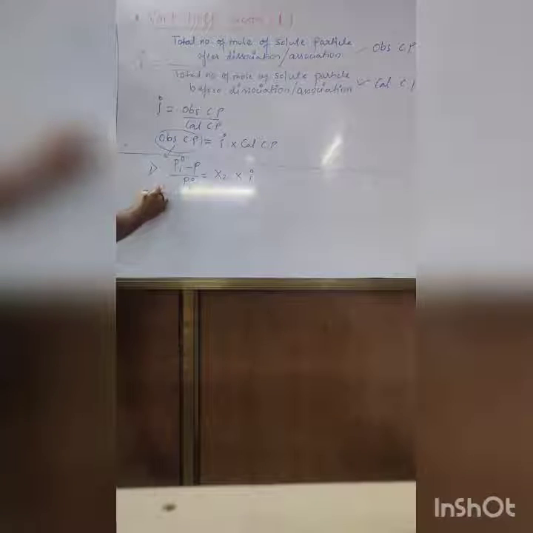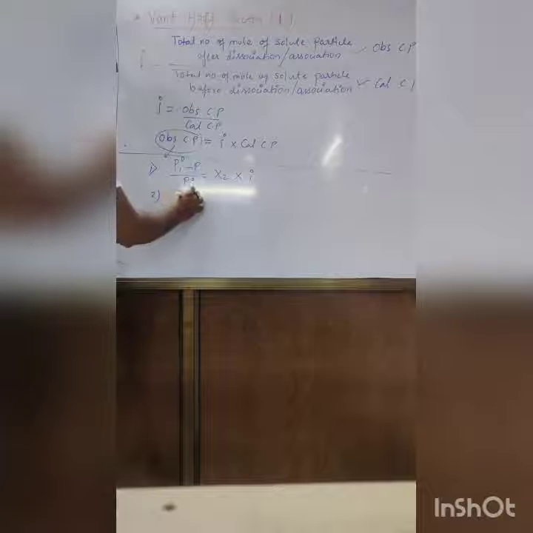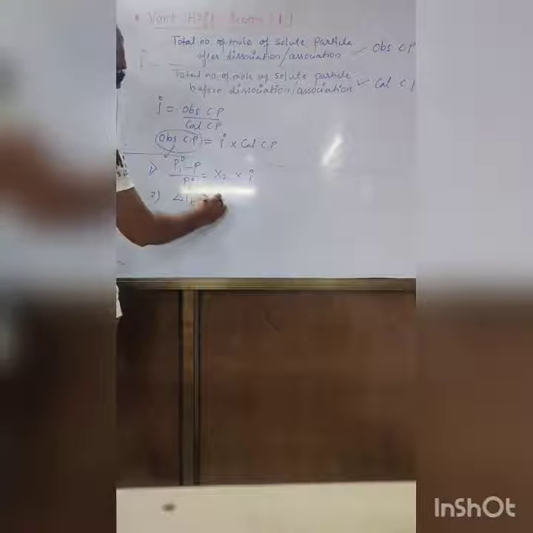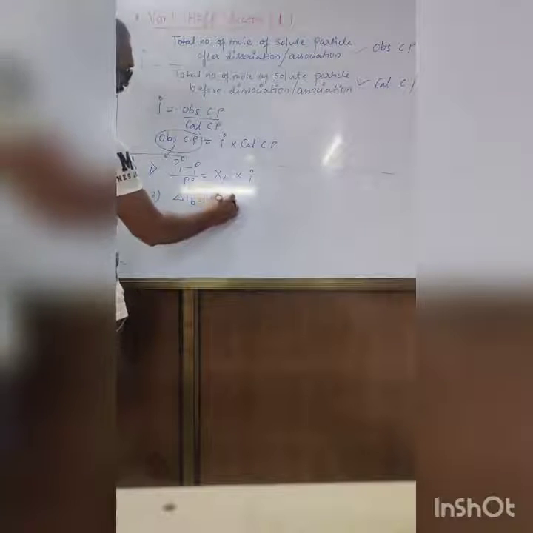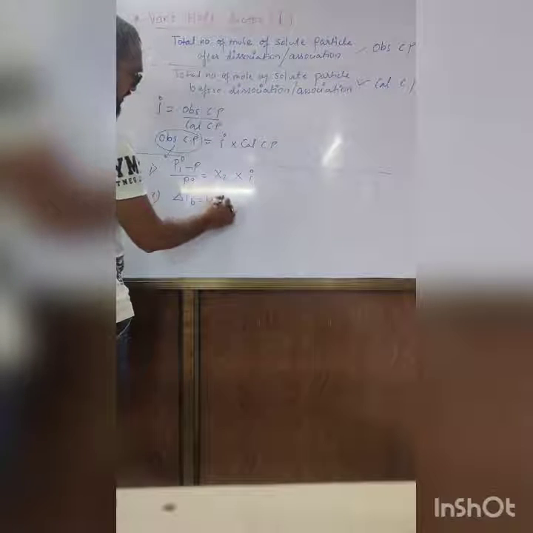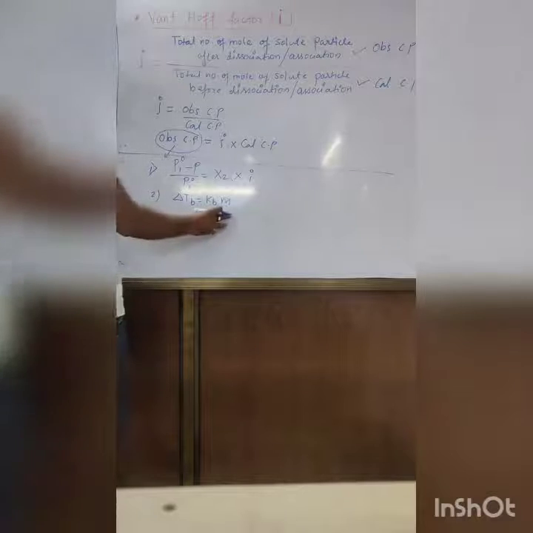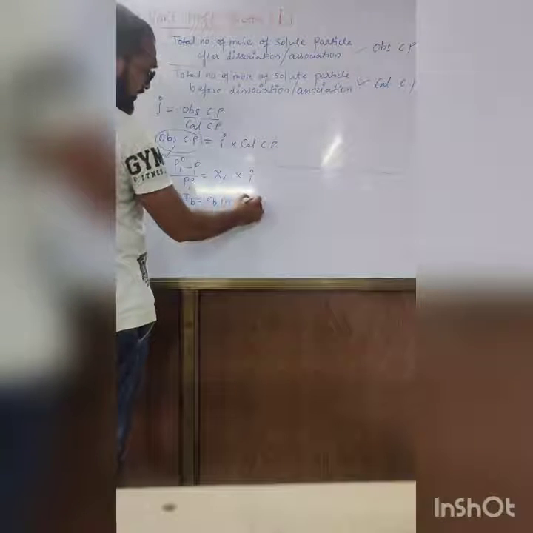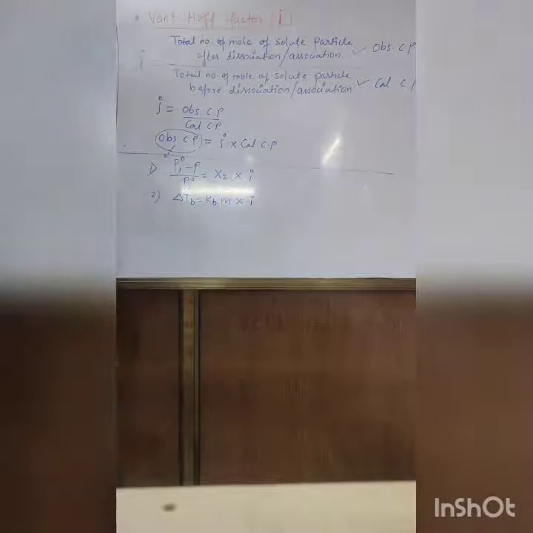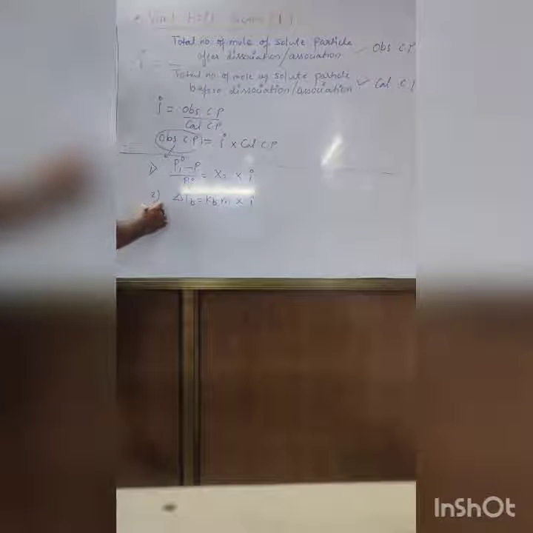Same here, delta Tb is equal to Kb into m. This gives the calculated colligative property. If we multiply this by i, with the help of this we can find the observed colligative property.